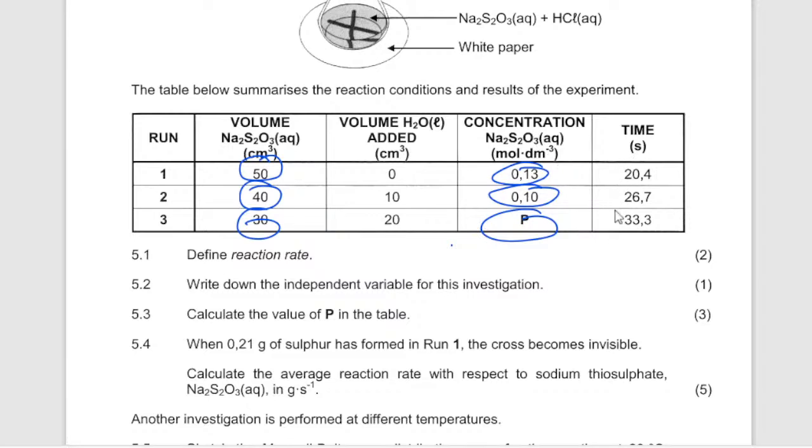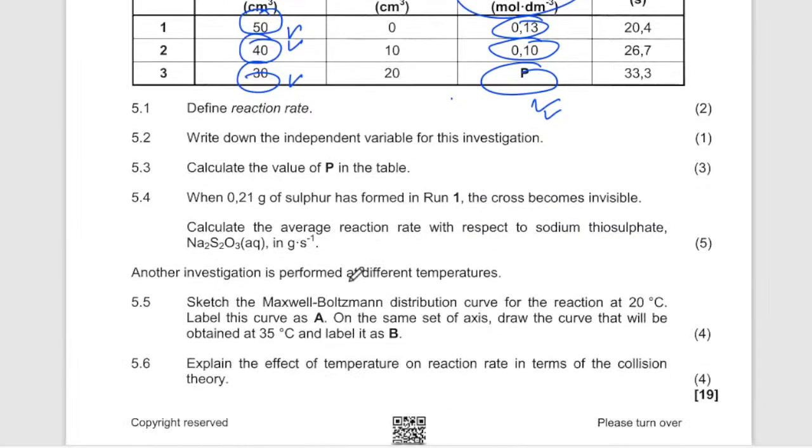You can say volume, even volume here. Why? Because when you find the number of moles, it is going to relate to the concentration. We control this, we also control this, and we keep on changing this to see what is happening. Probably the people who wrote volume will get a mark, and the people who wrote concentration might get a mark too. Calculate the value of P, is 3 marks.